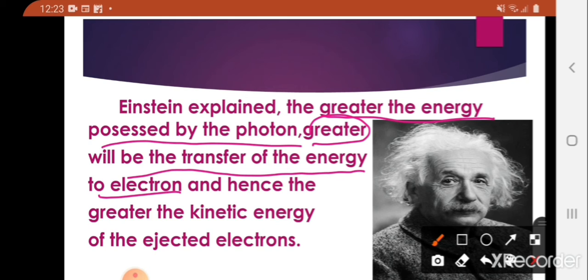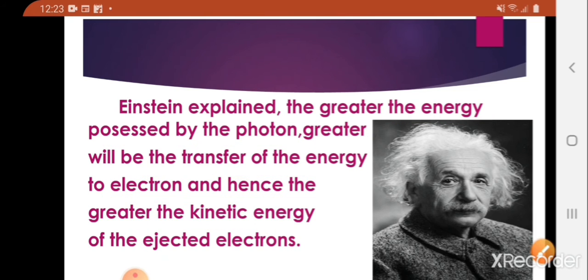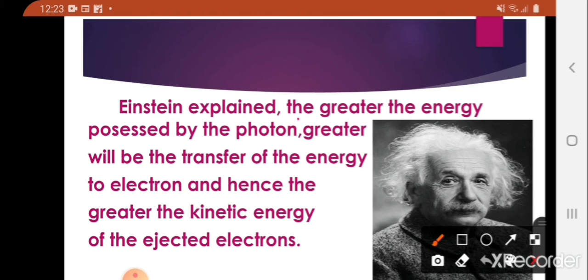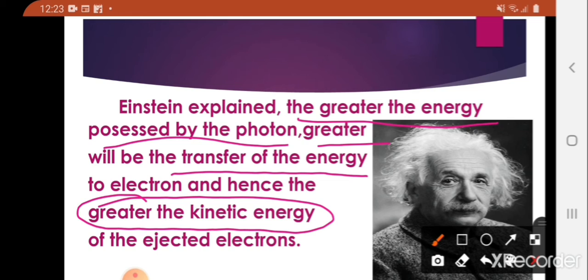That is, the energy of the photon is transferred to the electron, and hence the ejected electron will have greater kinetic energy.